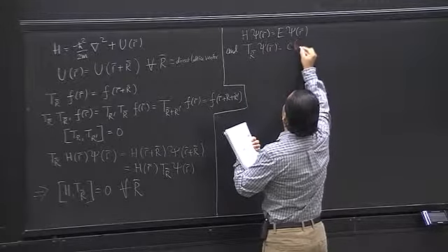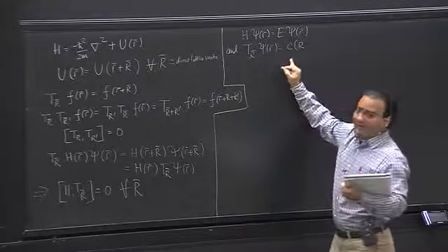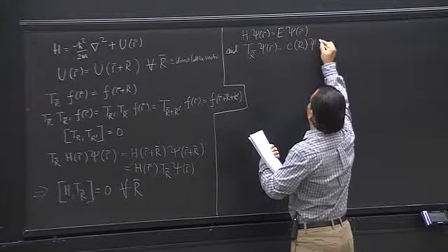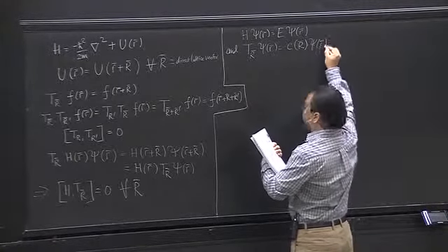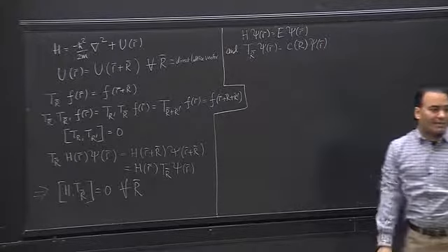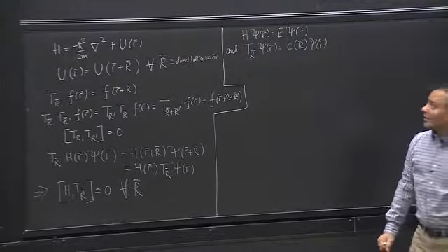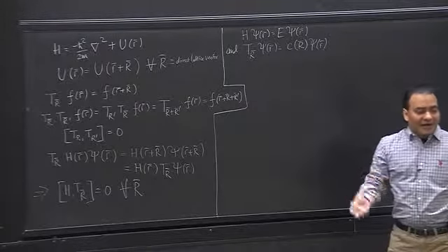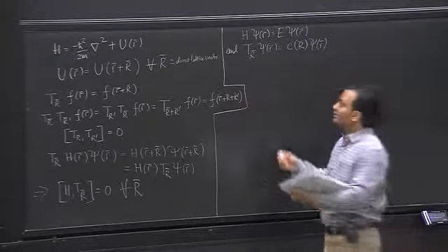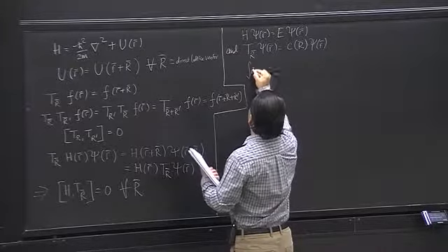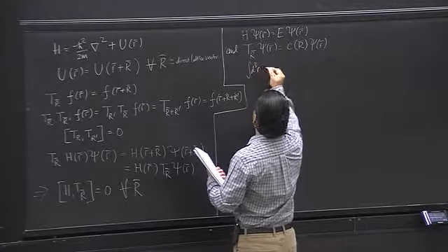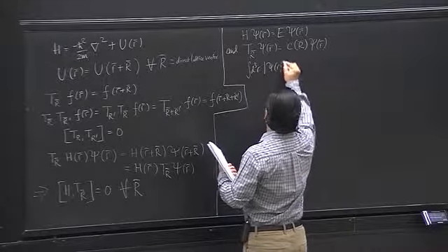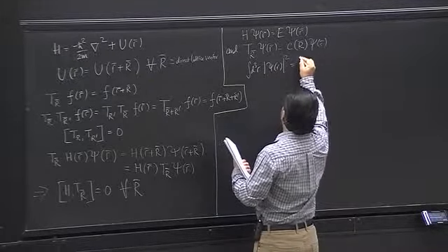This is the corresponding eigenvalue for the translation operator. Now, these eigenstates psi of r must be normalized. That means the integral d cube r of mod psi of r square should be 1.